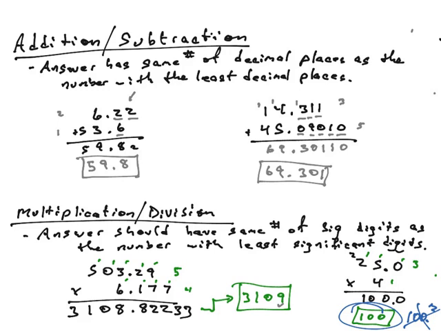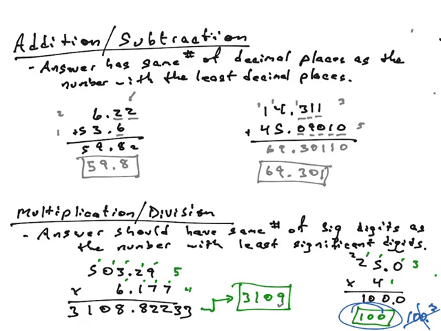So there's the rules. Anytime you're doing real science in a laboratory or calculations or whatever you happen to be doing, when you give your answer, you have to keep these rules in mind. If I'm adding and subtracting numbers, my answer has to have the same number of decimal places as whichever number I had the least.